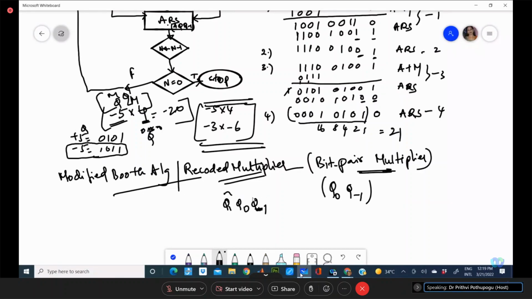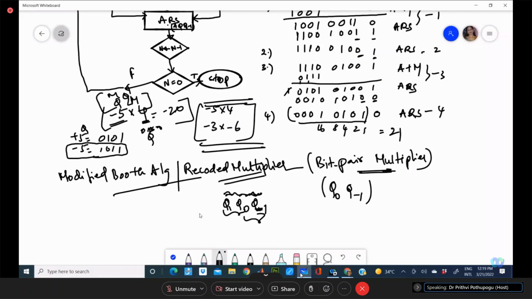This is one pair, this is another pair. And we try to use the logic of whether adding or subtracting or multiplying sort of thing based on the value of the bit pairs we are getting. This I'll take tomorrow, not today. It takes time for explaining.